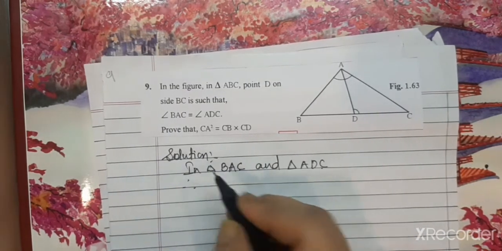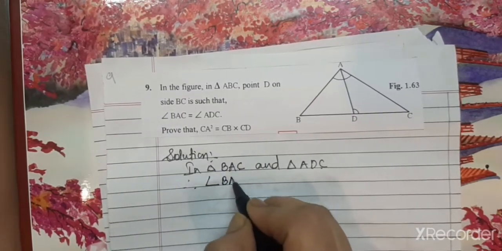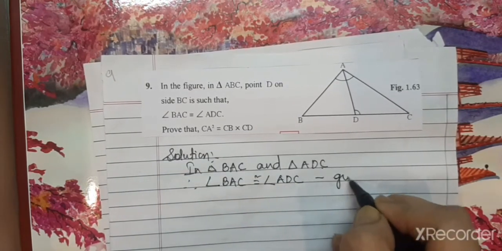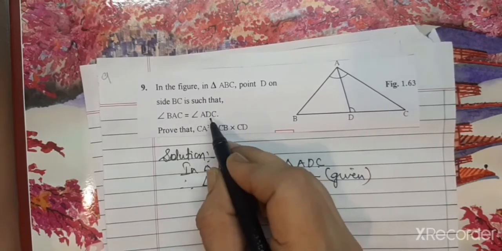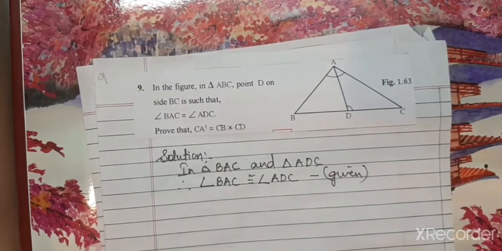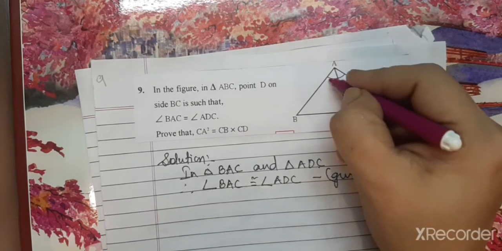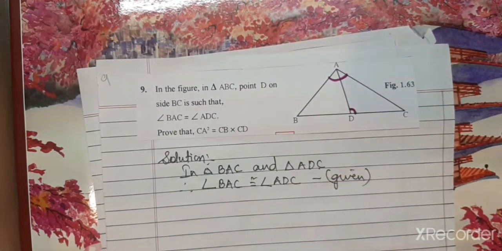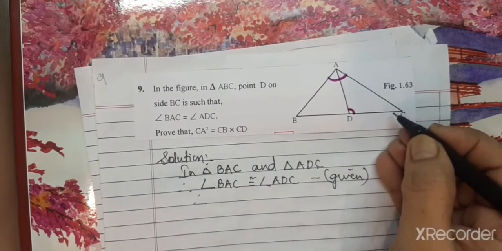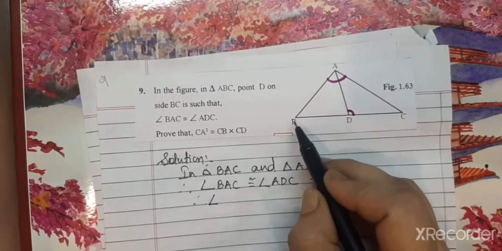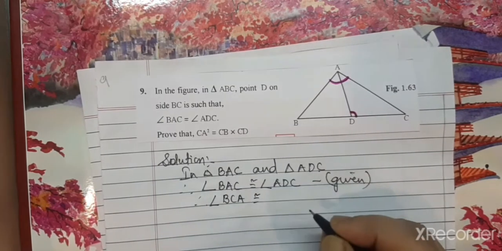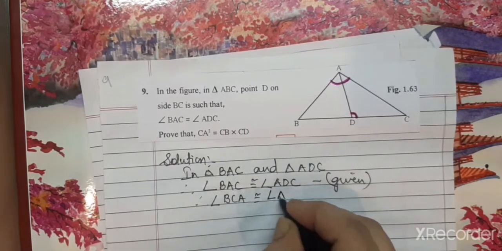Now from here we know that angle BAC is congruent to angle ADC. It is already given here. This big angle is congruent to this one here. Second, I told you there is something common, angle C. So how you will name it? Angle BCA is congruent to angle ACD.